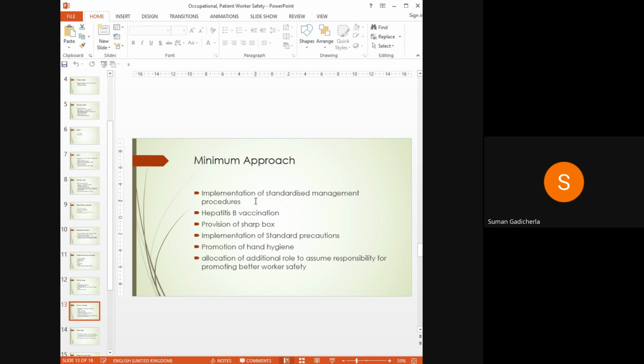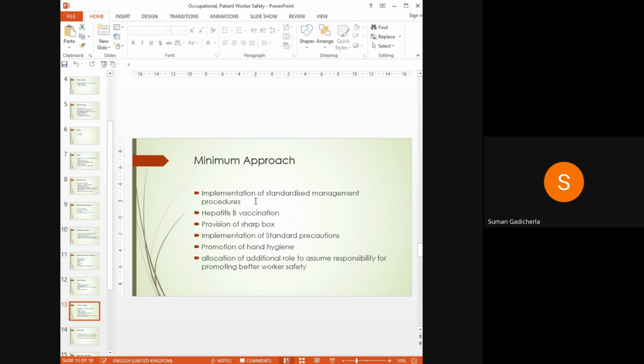vaccination against hepatitis B, provision of a place where the sharps can be discarded, universal precautions implementation, promotion of hand hygiene, and allocation of an additional role to assume responsibility for promoting better worker safety.